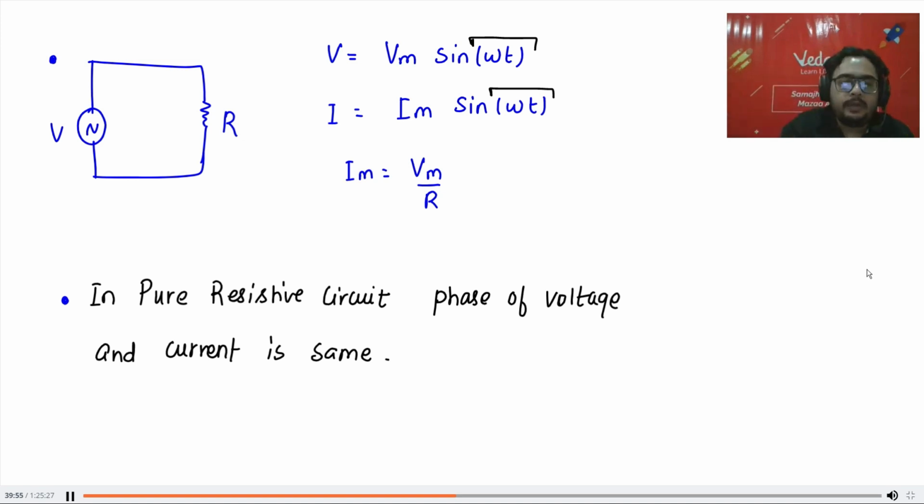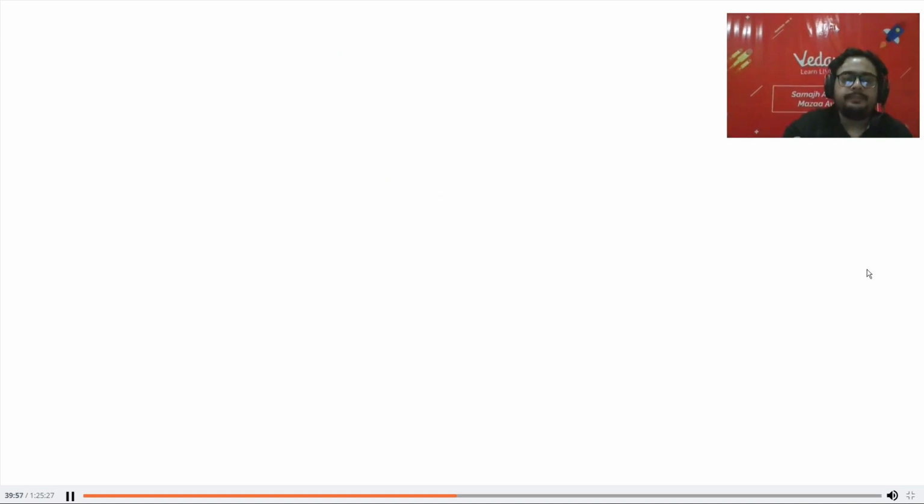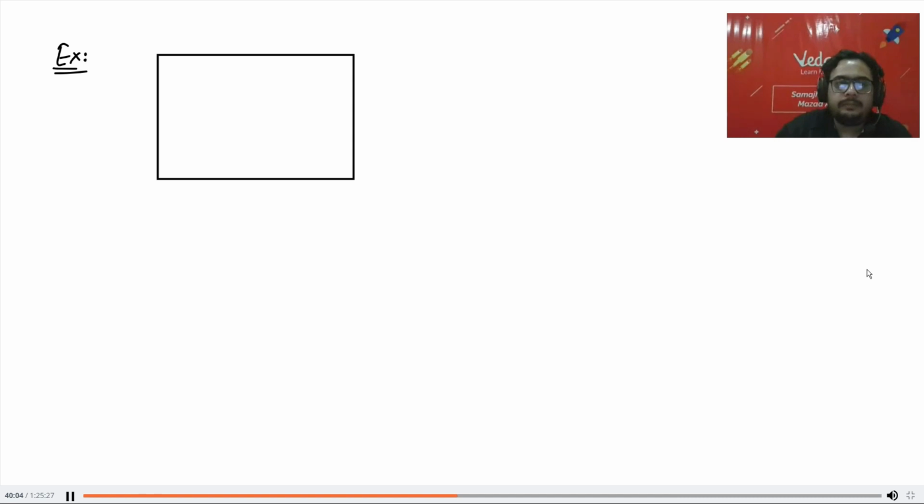I'm going to give you one example now. Let me say I have a circuit. I'll make a good circuit, a little bit beautiful. Voltage is applied here, and a resistor is put here.